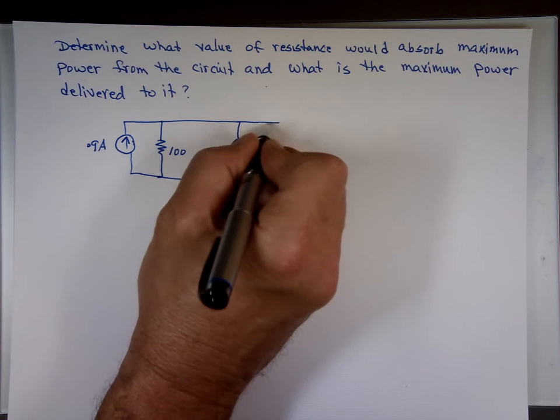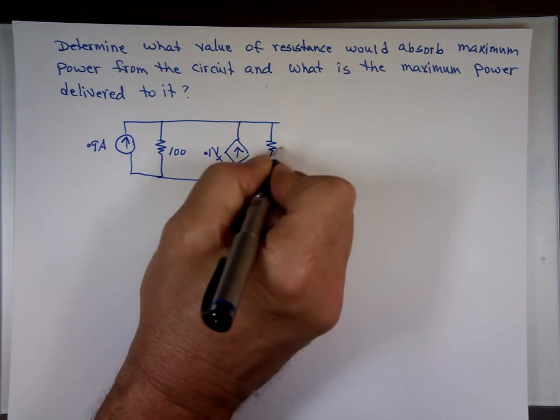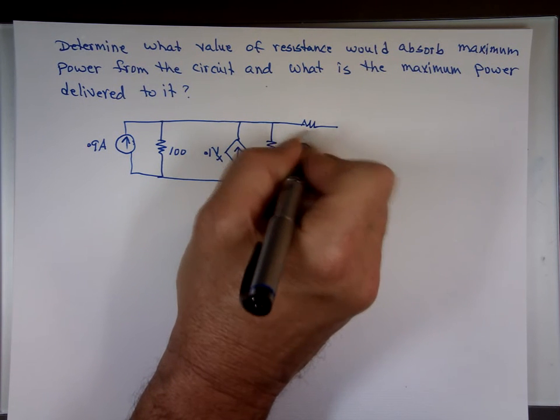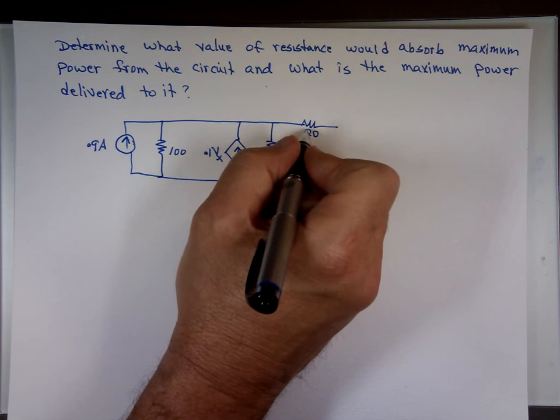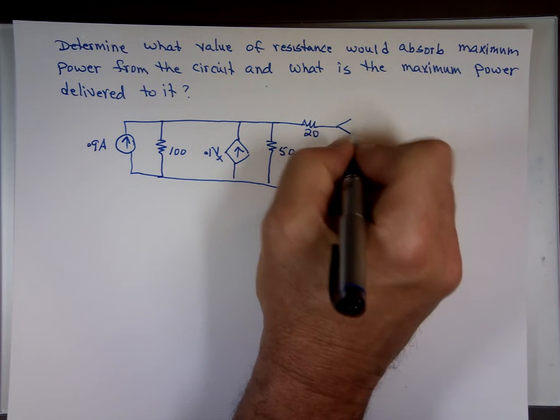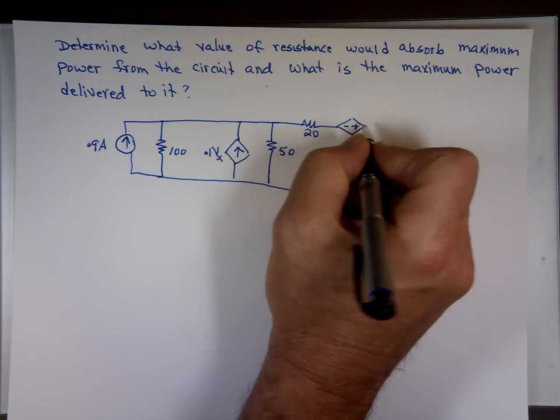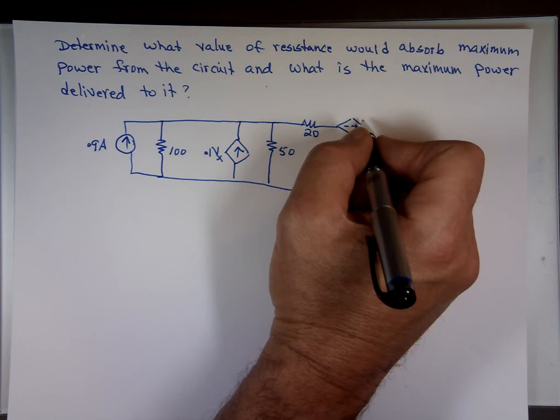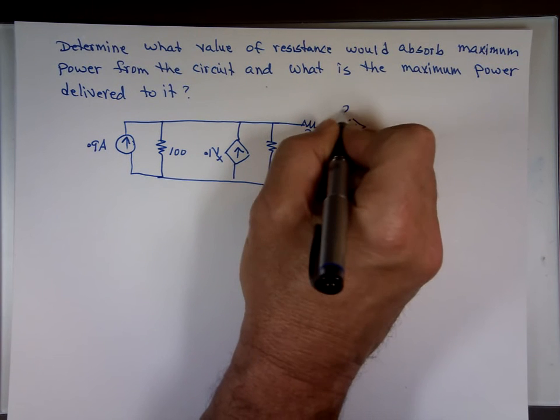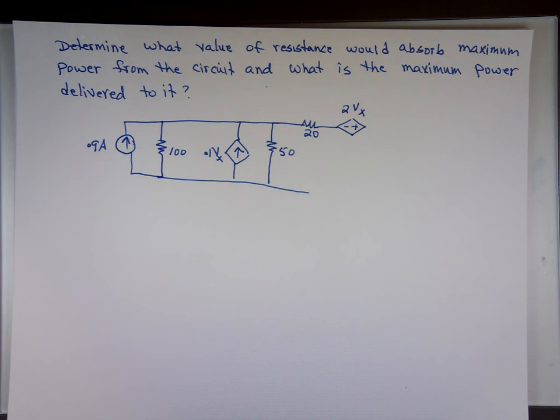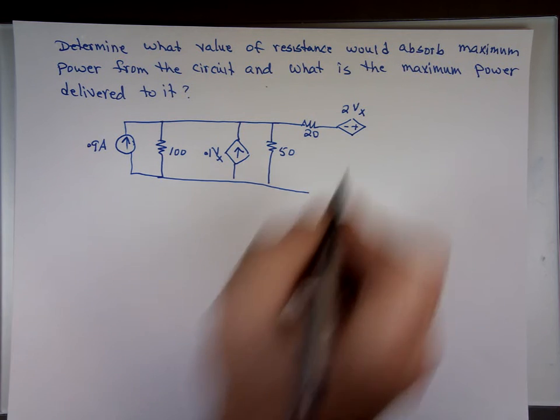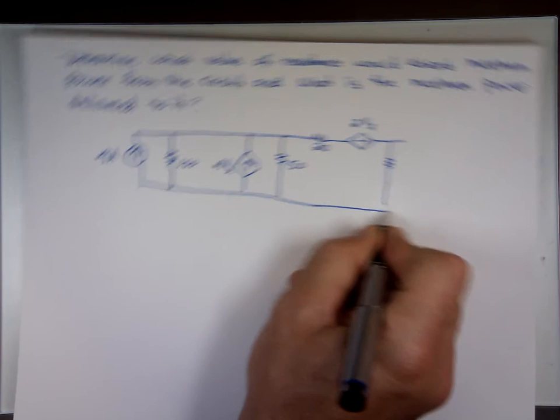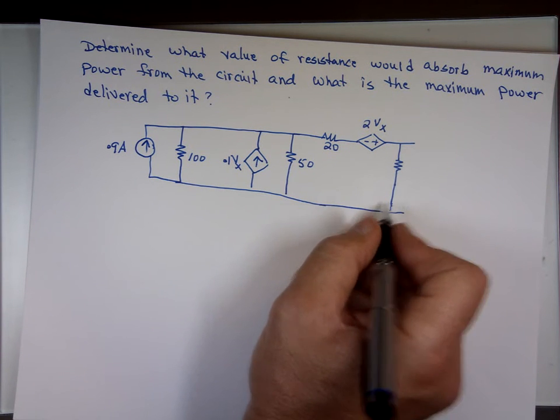50 ohm. 20 ohm. Voltage source 2Vx, same Vx. This is 10 ohm.